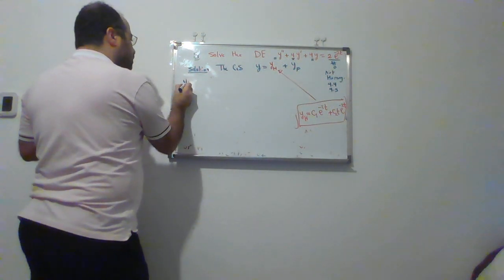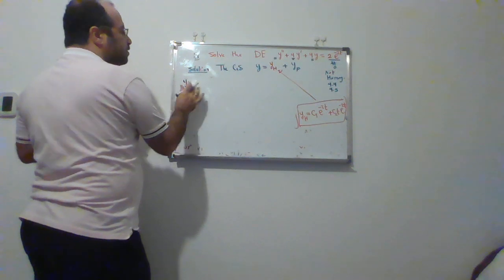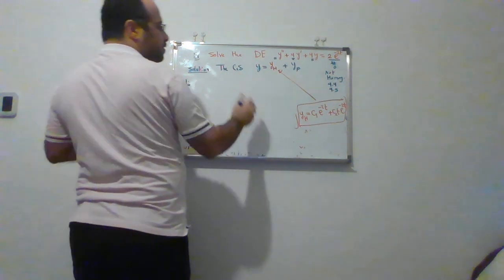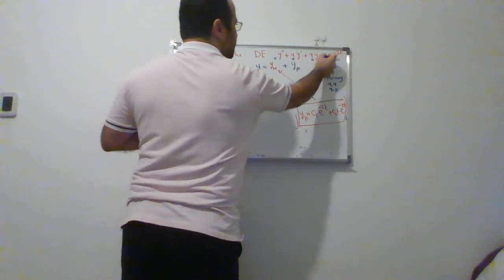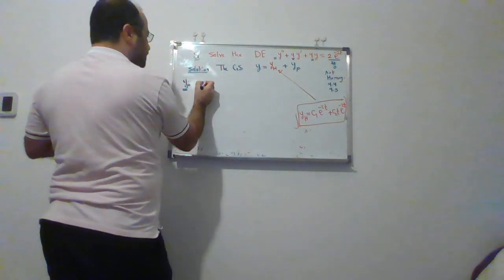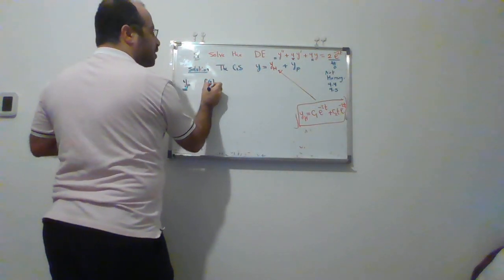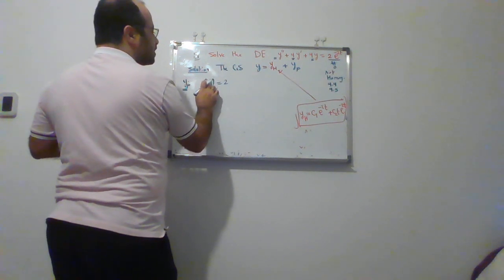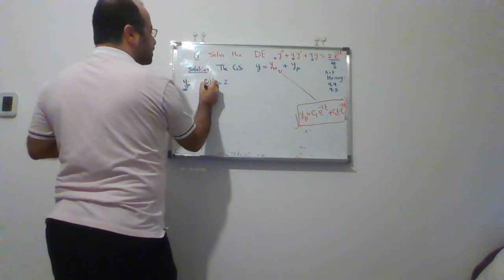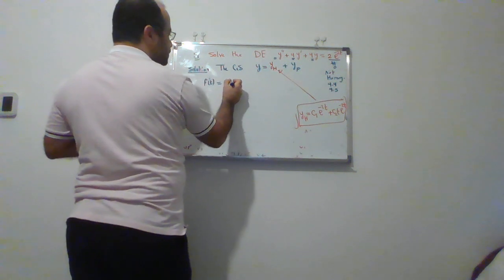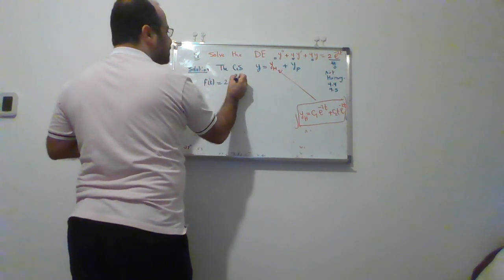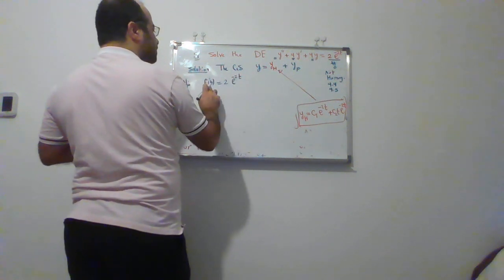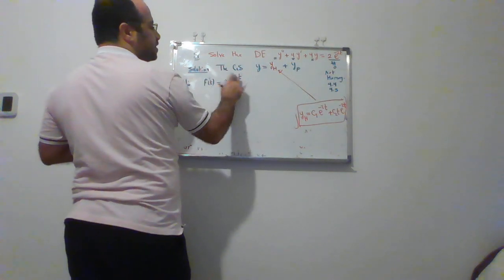How are you going to find the y particular? I told you in the table that if you have f of x here equal to 2, so it is not f of x anymore, it is f of t, right? It is 2e minus 2t. It is just changing the independent variable from x to t.